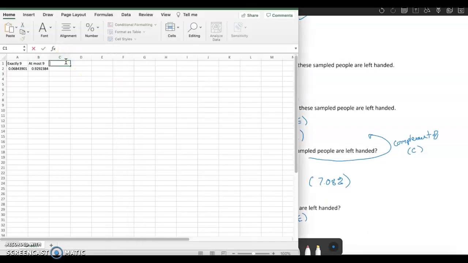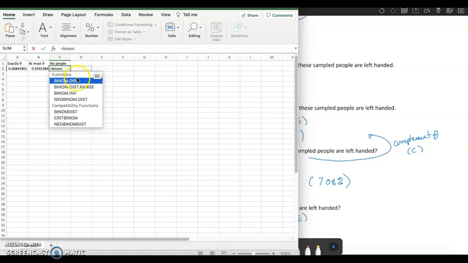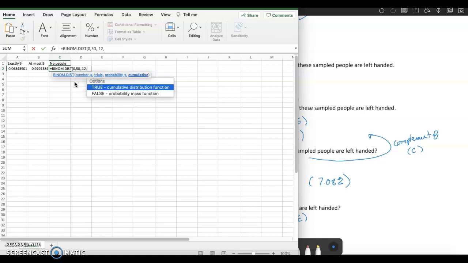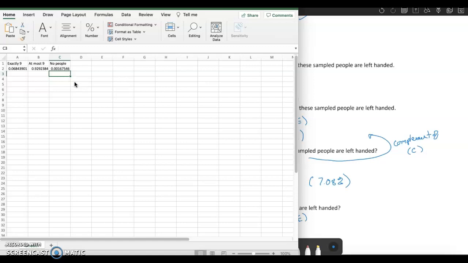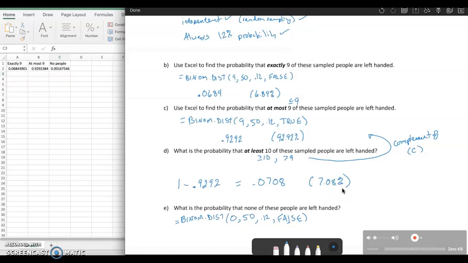So let's see, 0 or no people out of 50 at a 12% probability each. Not cumulative. So let's see, 0.0017 rounded off there. Or a 0.17% probability. So look how unlikely it is that if you randomly choose 50 people, you're not going to get anyone at all in that group of people who's left-handed.